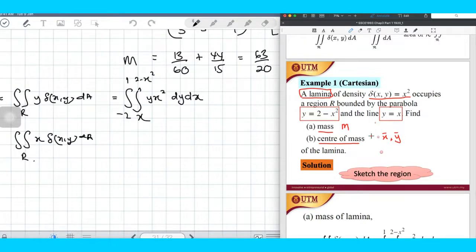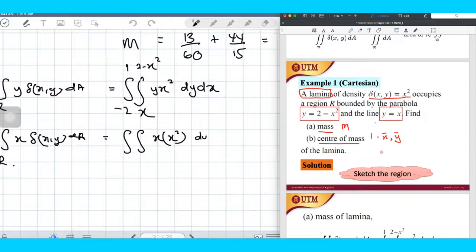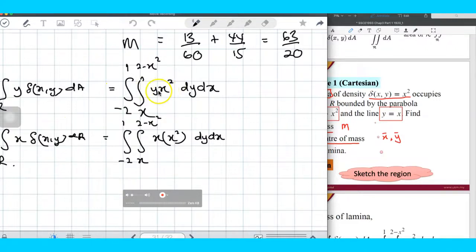For the moment with respect to y, we use the same order and the same limits, but you can see that the only change is that we now have a different integrand, so the answer will be different from the mass, even though the region, limits and order are the same.